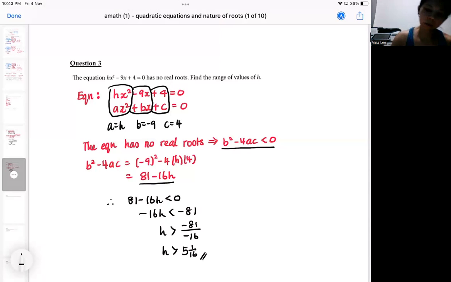So that's why the question is, what is the range of h? That means as long as h is bigger than 5 and 1 over 16, the equation will end up having no roots. So there will be some amount of inequality for this section. This one currently is what we call linear inequality.